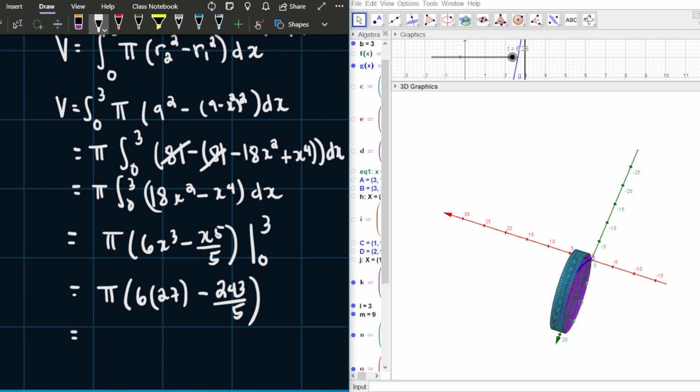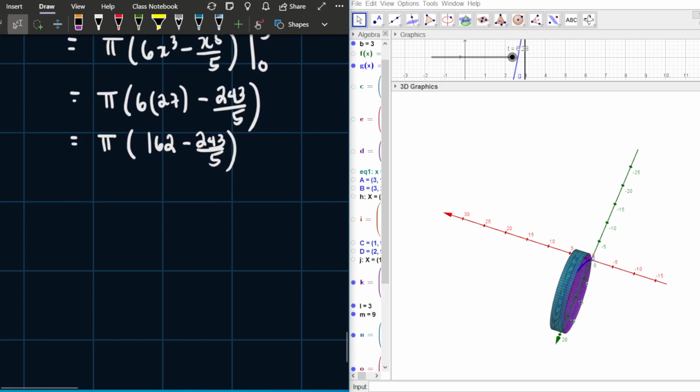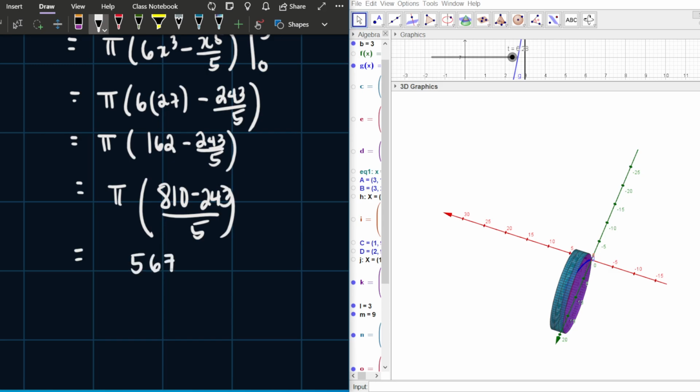Okay, simplify. We have here 162 minus 243 over 5, or 810 minus 243 over 5. So this gives us 567 over 5 pi cubic units.